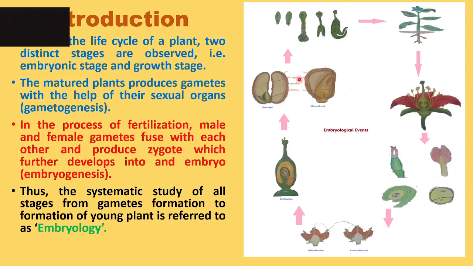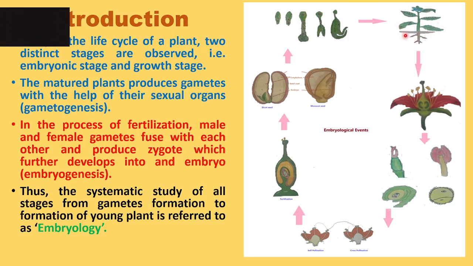Once it gets favorable conditions, that is food from the endosperm and water, the embryo develops and germinates. All these are the germinating stages of the embryo, and finally the embryo gets converted into a mature plant.